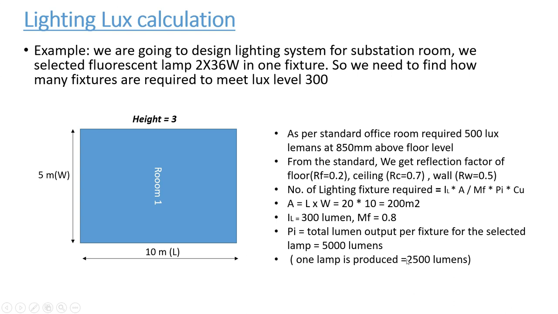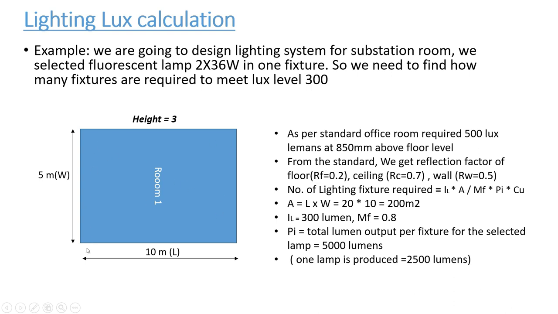Now I have to use the number of lighting fixtures formula. It is equal to IL times A divided by MF times PI times CU. IL, as I already told, is the lux level requirement for the substation, 300, and A is the area of the room. See this picture, this is the substation room.